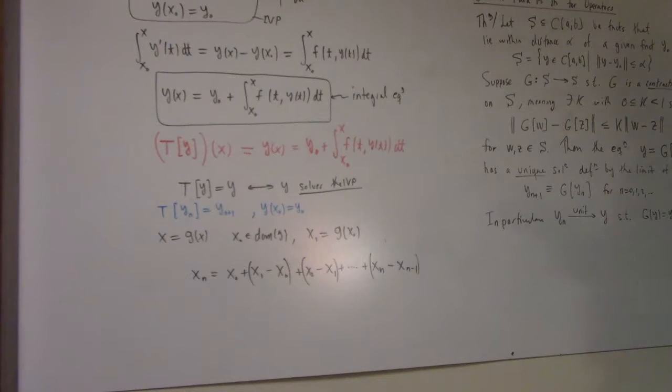I guess you could put a y star or something. Well, he puts an infinity here, which is kind of nice notation, infinity for the limit function. Sure, why not? So it converges uniformly to this solution for any choice of starting function y naught in S.